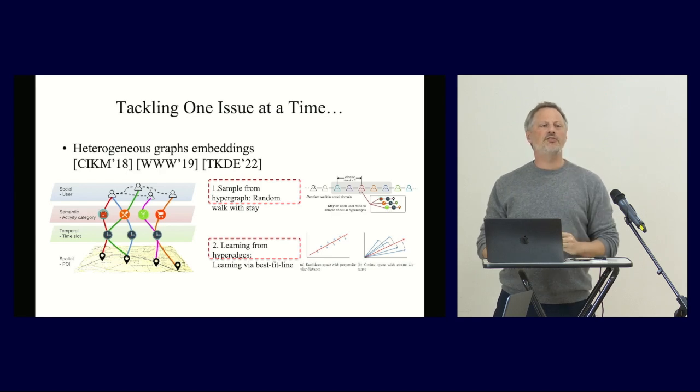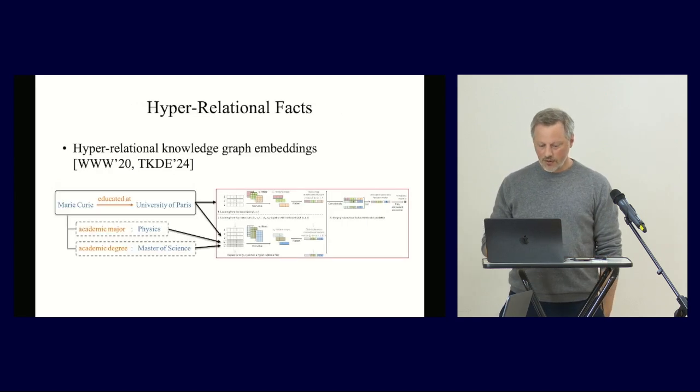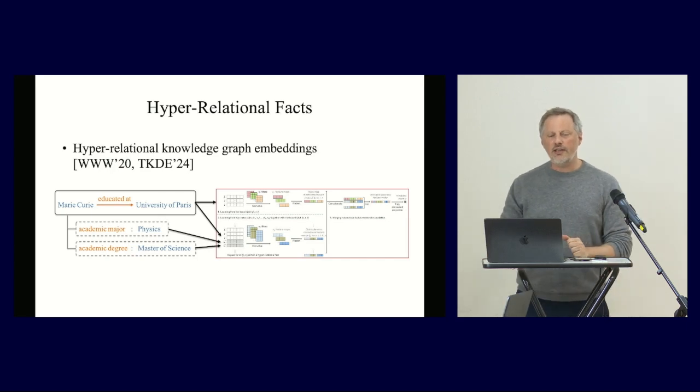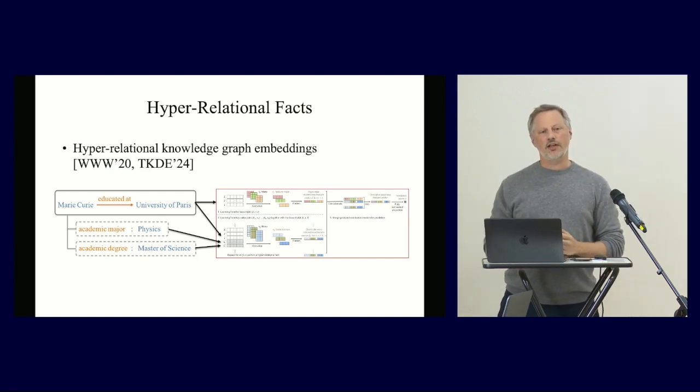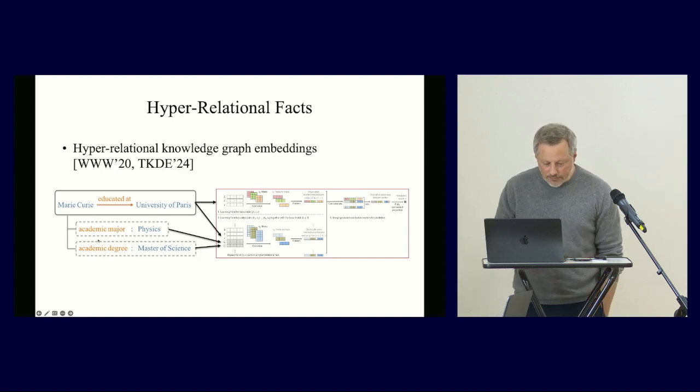Because node types are obviously key in a knowledge graph, right? Those are key information. What we've been doing also is second order kind of information gathering. This is called hyper-relational graphs. When you have basically, this is a triple, right? Marie Curie academic major was physics.